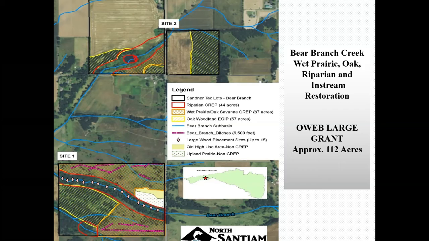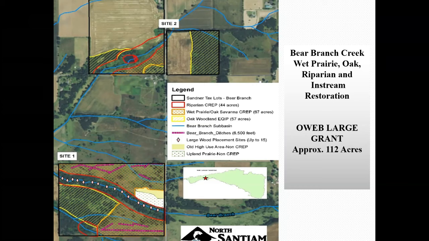When we first met with them, this property was being leased for grazing. The person leasing the land had created ditches throughout the property to drain the water off the landscape and keep it dry.